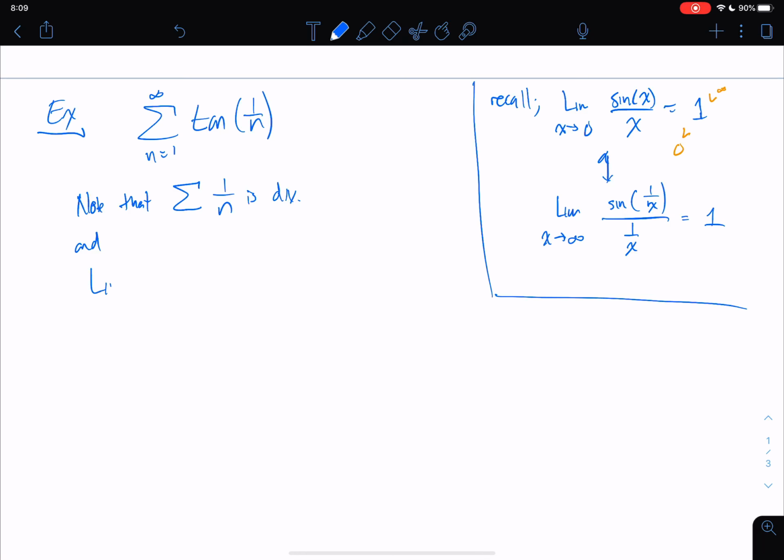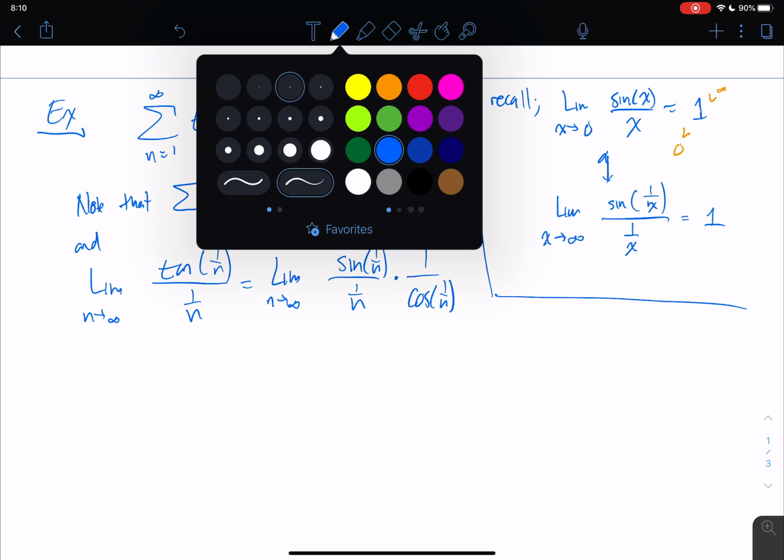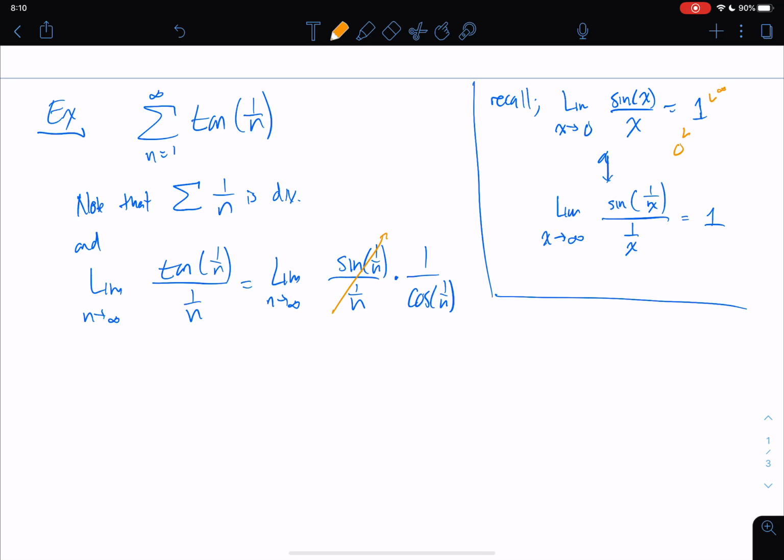And the limit as n goes to infinity of tangent of 1 over n over 1 over n is the same as the limit as n goes to infinity of sine of 1 over n over 1 over n multiplied by 1 over cosine of 1 over n. This limit is going to go to a 1.